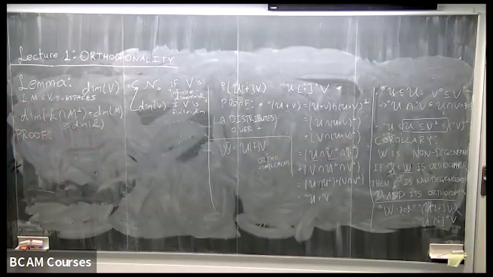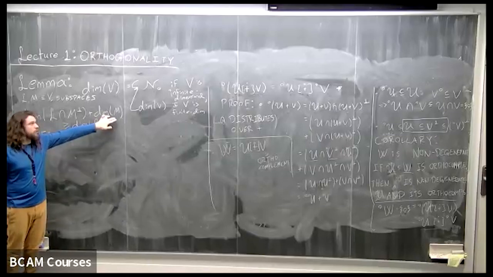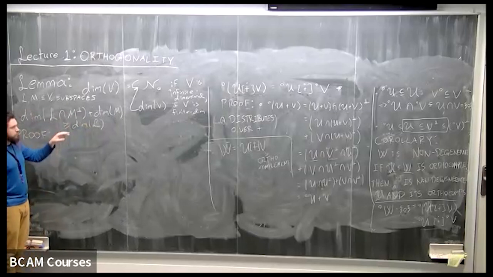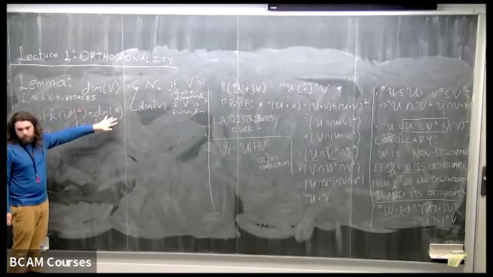Okay, so for the proof, the first thing that you'll notice is that this inequality trivially holds if M is infinite dimensional, because it's already the biggest thing it can be. So the biggest thing is going to be greater than everything else. So without loss of generality, I can assume that this is going to be finite dimensional.